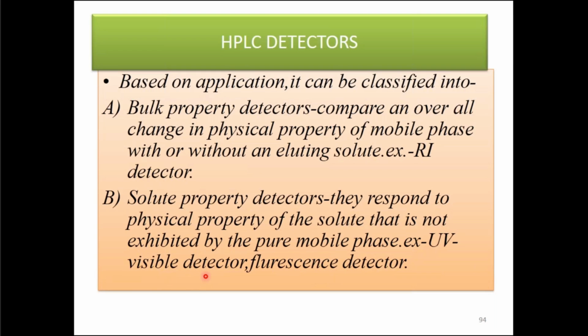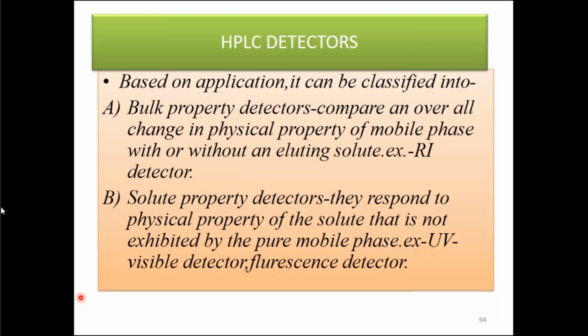Now, UV visible detector can detect compounds that are capable of absorbing UV radiation. So, the mobile phase will be one. We'll choose a wavelength at which the mobile phase will not be capable of absorbing UV radiation. Hence, the absorbance will be zero and you get a flat baseline.